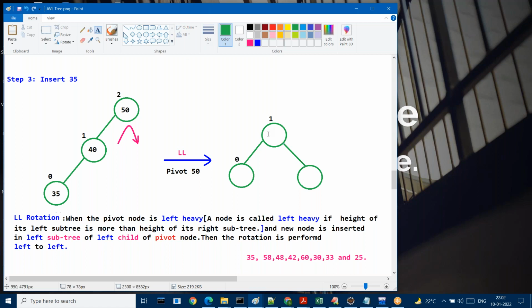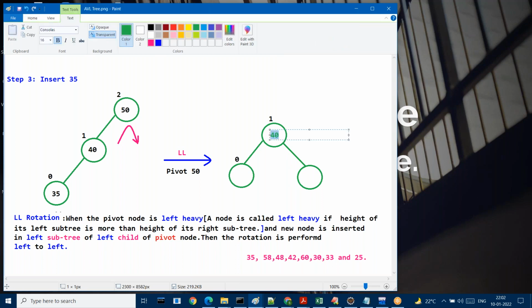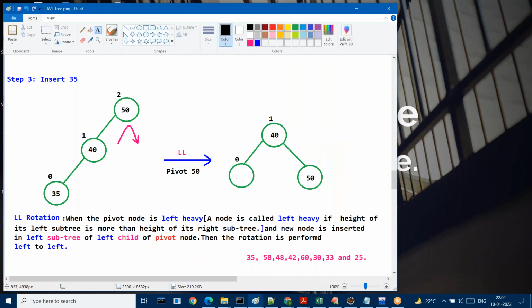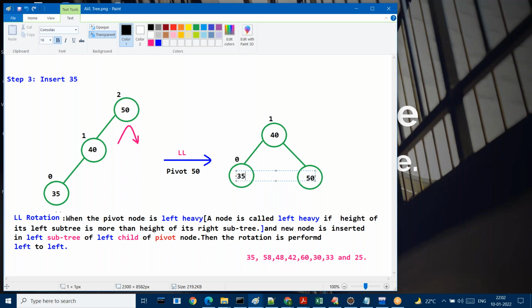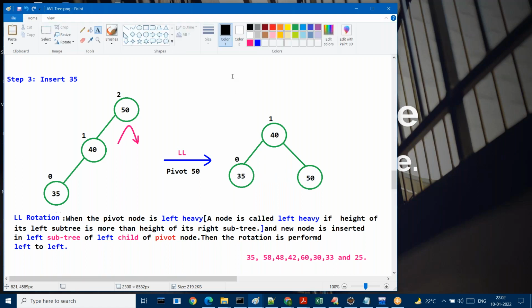Who is the current root, sir? 40. Who is right of 40? I bend it from there, so that means it will be 50. Who is the left of 40? 35.